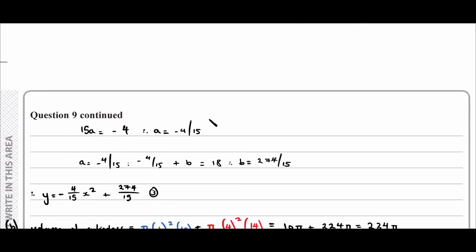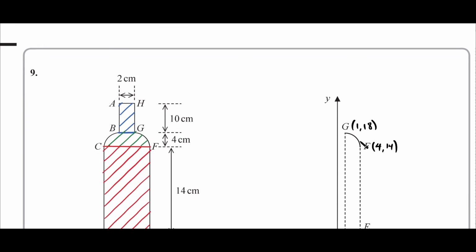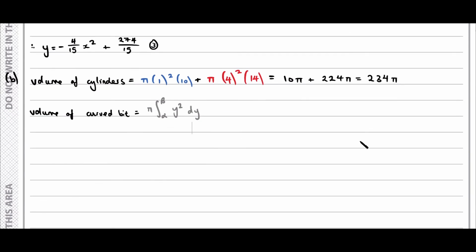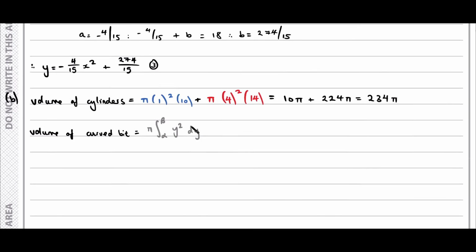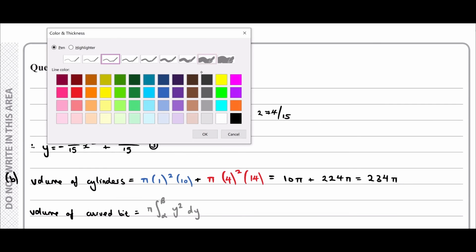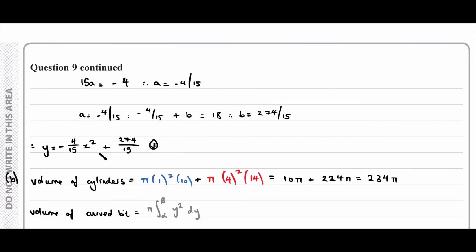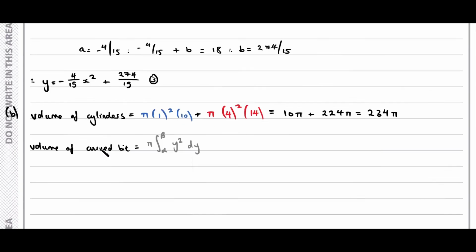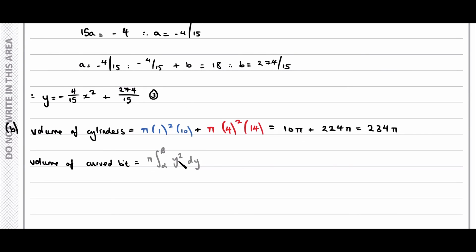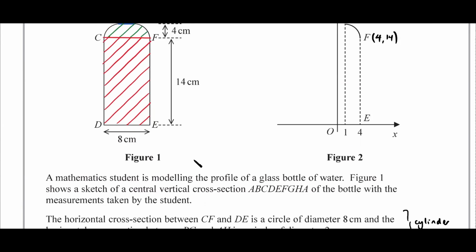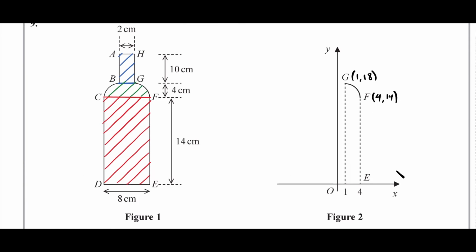So we're rotating about the y-axis. We can first of all rearrange our equation to find what x squared is, and then substitute that into here. So this over here should be x squared rather. And then we know our limits to be, if you go back here, 14 to 18.